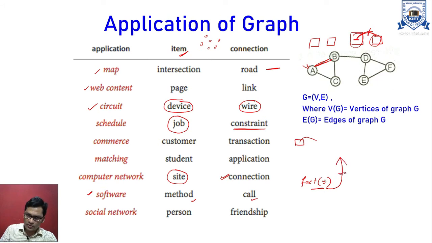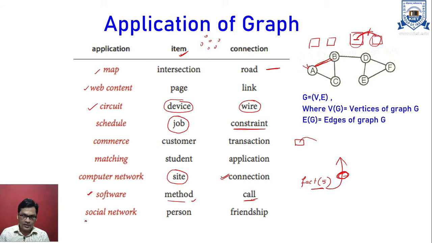This calling is considered as an edge. In a simple application I am telling you, but software is also a collection of integrated methods. So the method is a node, and the different calls are connections.